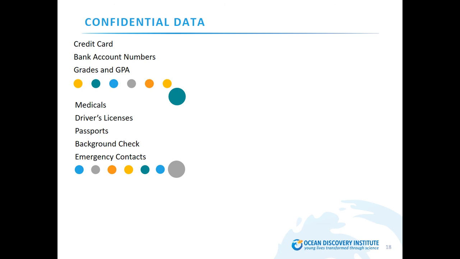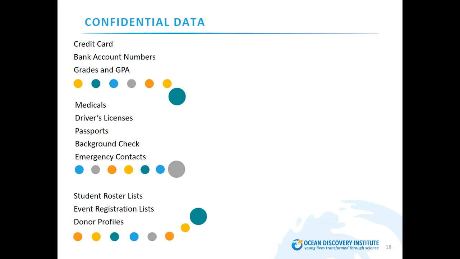We generate a lot of lists and donor profiles that include personally identifying information such as full name, cell numbers, personal emails, or attendance. These lists include student roster lists, event registration lists, or donor profiles.